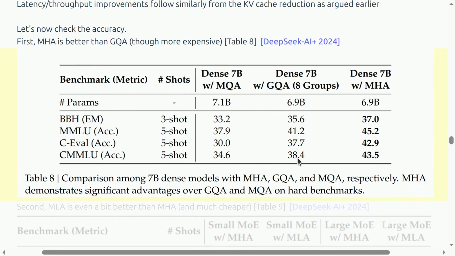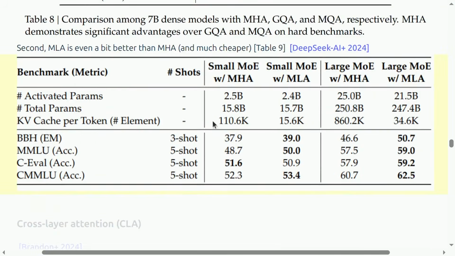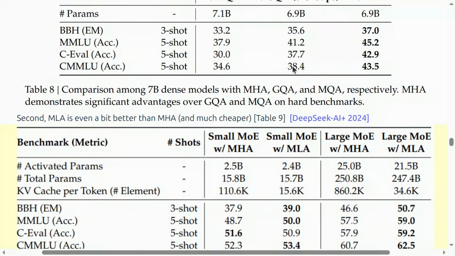This is GQA. These numbers are smaller than these numbers. But they show that their method, MLA, multi-latent attention, works even a little bit better than MHA. But let's just say it's about the same.